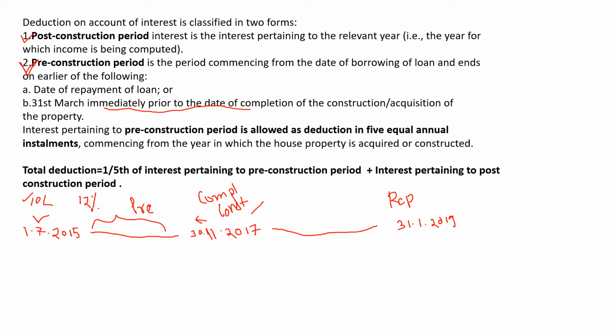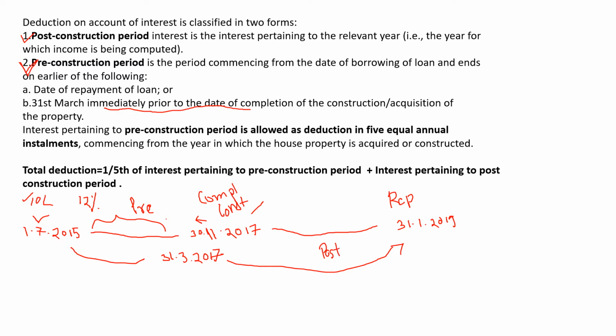The date of completion is 30/11, but the preceding 31st March is 31st of March 2017. So the pre-construction period interest will be for the period from 1st July 2015 to 31st of March 2017. From this date till the repayment date, post-construction period interest will be calculated.